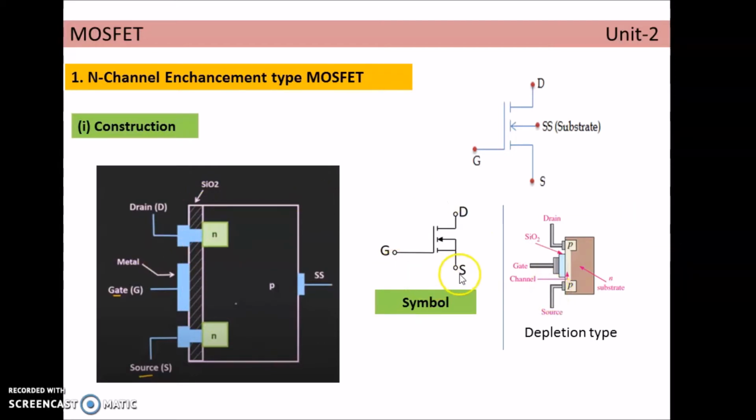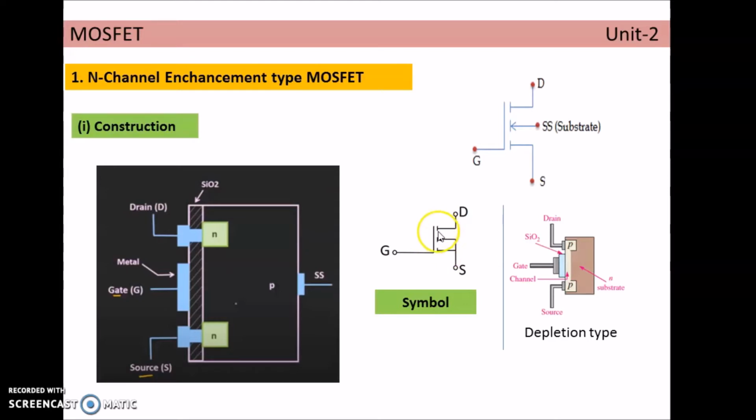So this is the symbol of enhancement type of MOSFET. Here this is the substrate terminal, drain, source and gate terminal. In most of the cases the substrate terminal is connected to the source internally and a single terminal can be brought out, that is called a source. Whereas in case of depletion type, this is considered to be a continuous line. Whereas in case of enhancement type MOSFET, this is a discontinuous line.